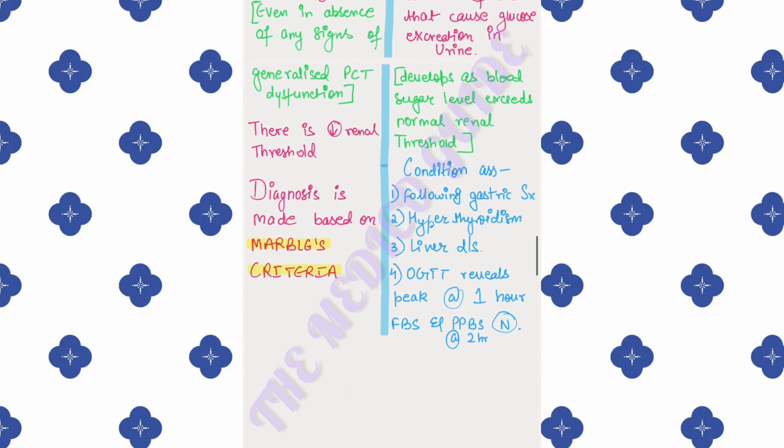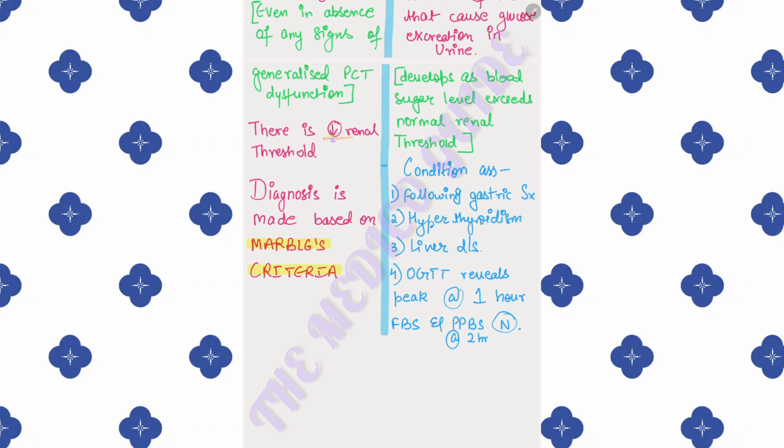In renal glycosuria, there is a decreased renal threshold, but in alimentary glycosuria, the renal threshold is maintained by the renal system at 180 mg per dl, but there is a rise in plasma glucose levels above the renal threshold.